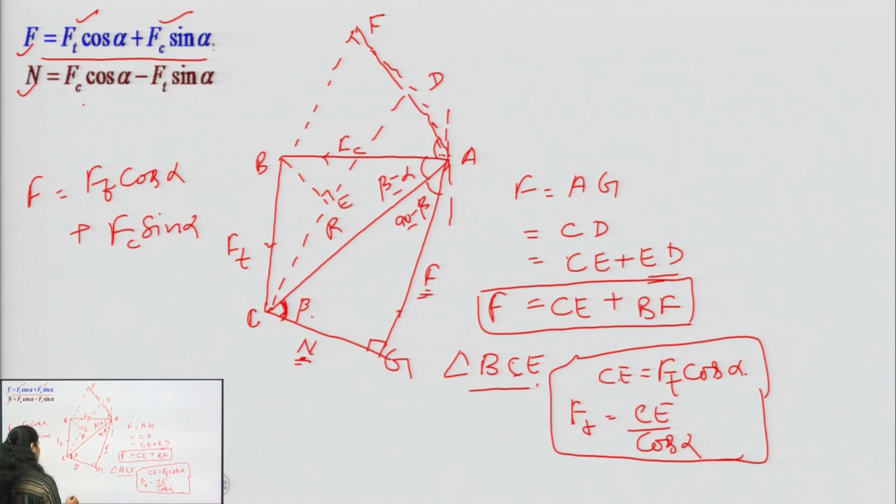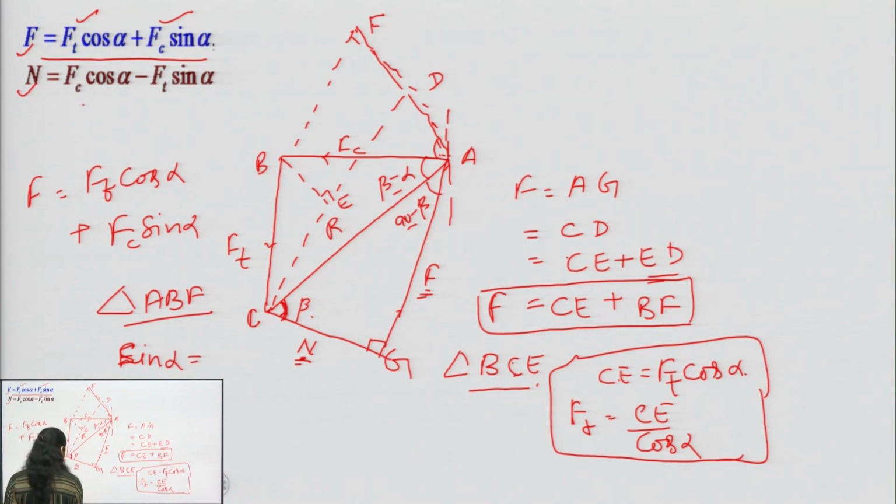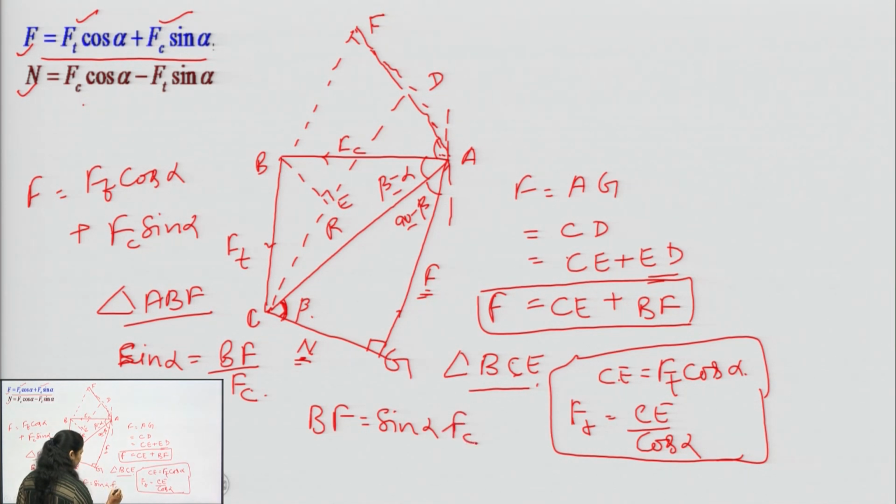And for this Bf, we will take the triangle ABF. So, in triangle ABF, basically the value of sin alpha will be Bf by Fc. Okay. Sin alpha will become this. So, we can write Bf will become sin alpha into Fc.